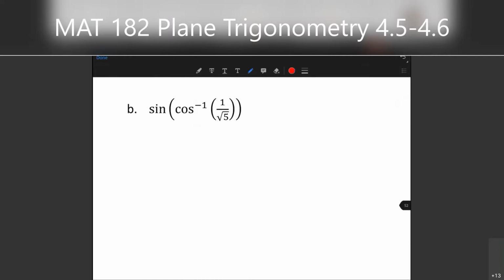So we have sine of cosine inverse of 1 over the square root of 5. Again, since this is positive, we know that we're going to be in the first quadrant one more time.